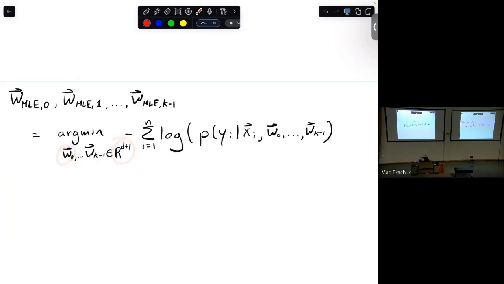Instead of writing this for each one separately, this is a common abuse of notation. Okay, so hopefully this still makes sense. We can see that really the only difference is now we're solving for k weight vectors instead of a single one. And this equation is still just like we've seen before, except now it is based on these k parameters, or k weight vectors. Okay.